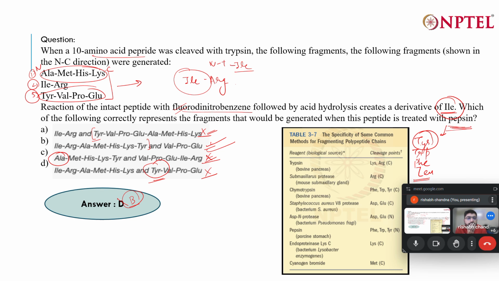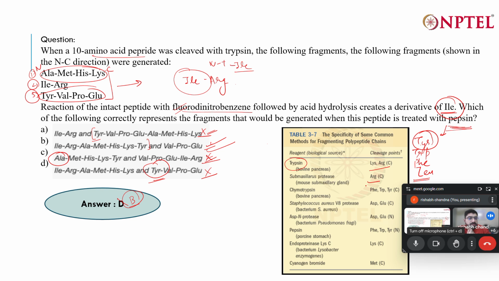So these are the different enzymes that are basically used for protein sequencing, and these are the amino acids that are cleaved by these particular proteins. Trypsin cleaves after lysine and arginine. Then the submaxillus protease cleaves after arginine only, specifically.